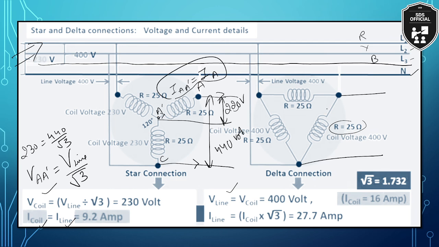But the coil current will be the line current divided by root 3. So these are some basic concepts. Let us now move further.